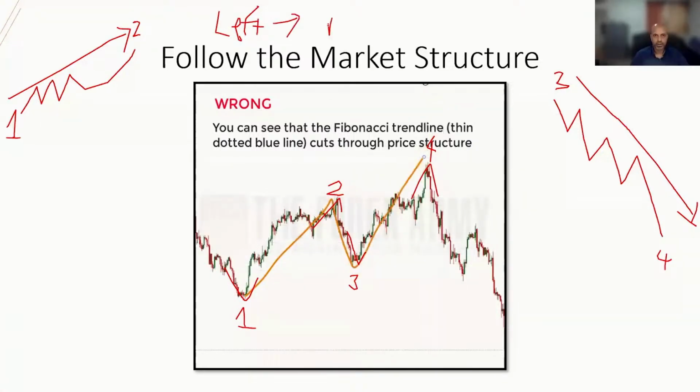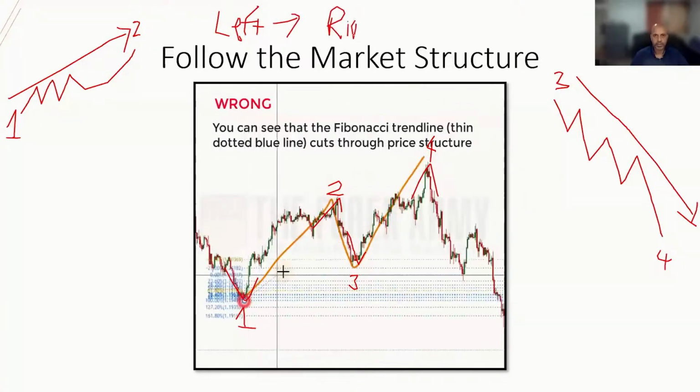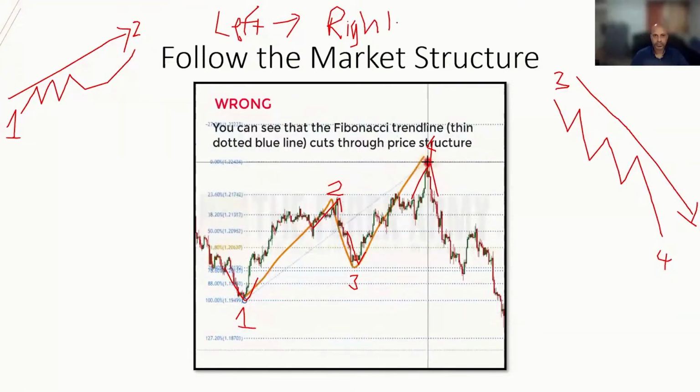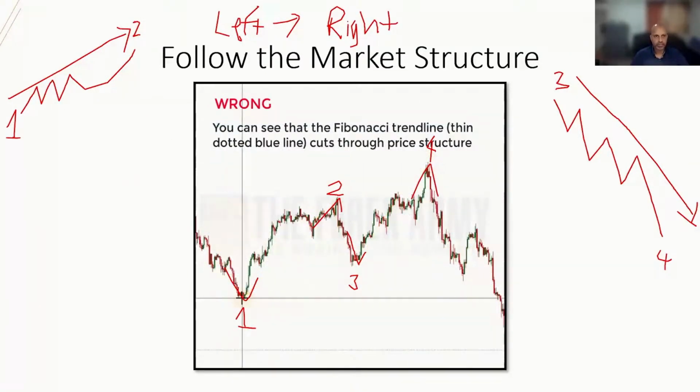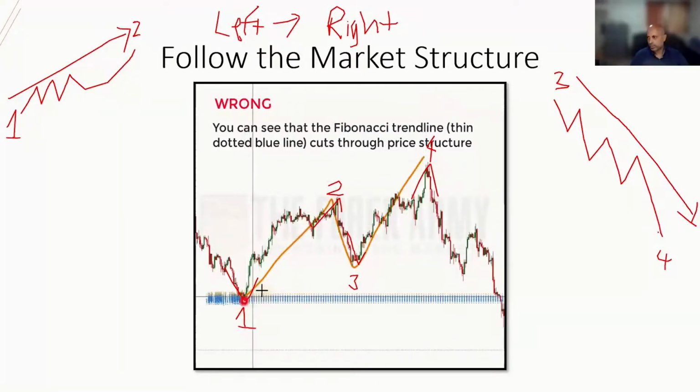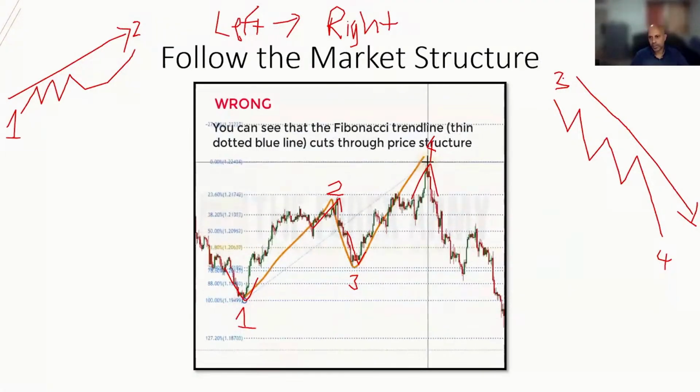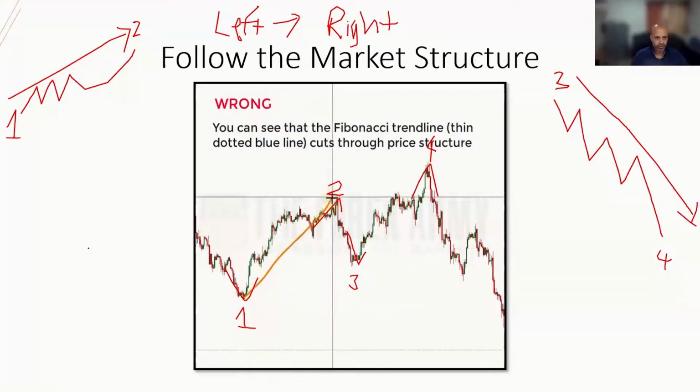Whenever we are drawing the Fibonacci retracement tool, be it for the upward move or the downward move, we always go from left to right. For the uptrend, we go from bottom left to top right, and for the downtrend, from top left to bottom right. That's another key aspect of using the Fibonacci retracement tool.